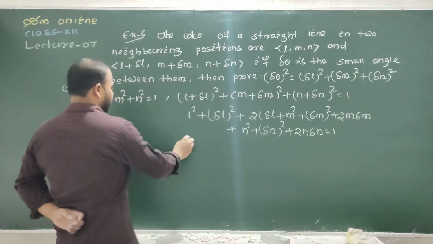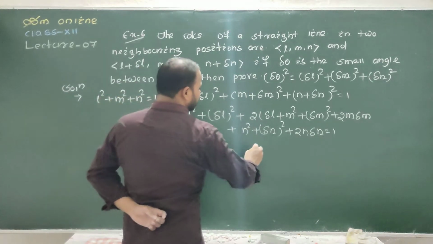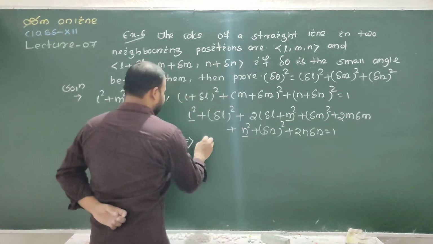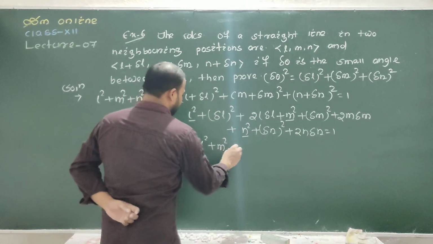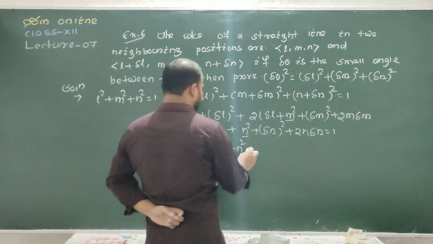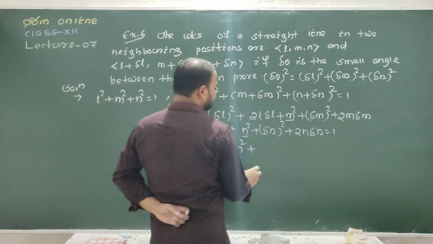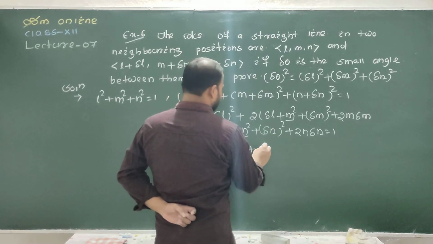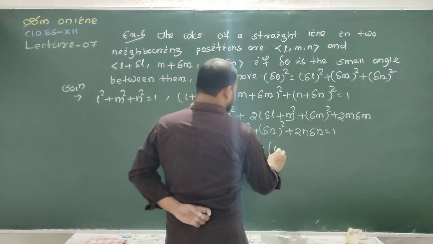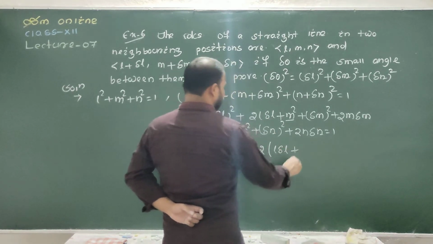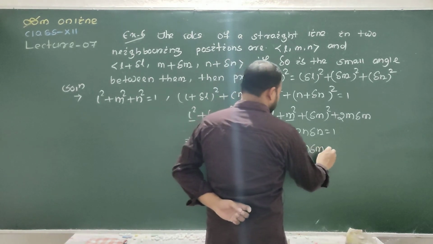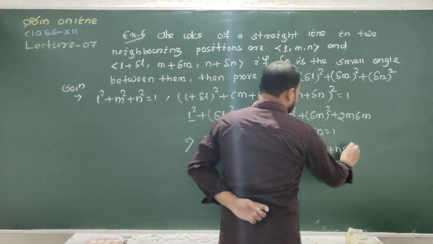Okay, and we know that L square plus M square plus N square, right here this is L square plus M square plus N square. Okay, and this is 2 taking common, this is L del L plus this is M del M plus this is N del N.